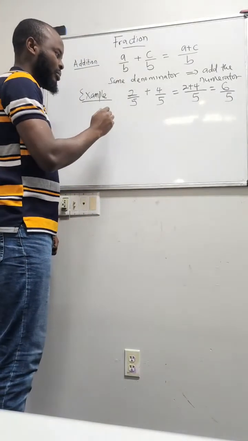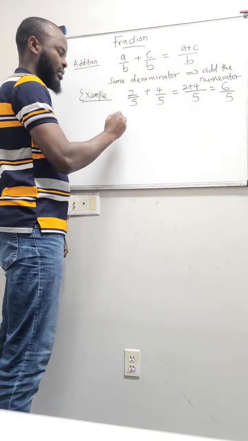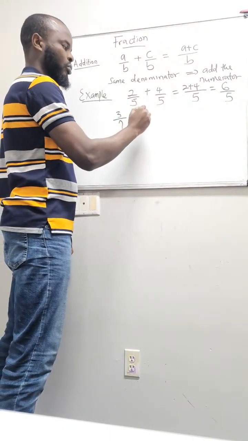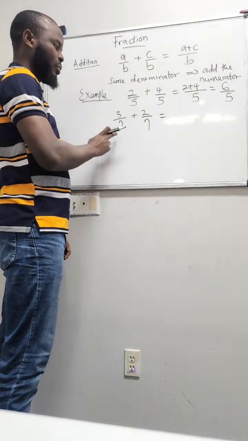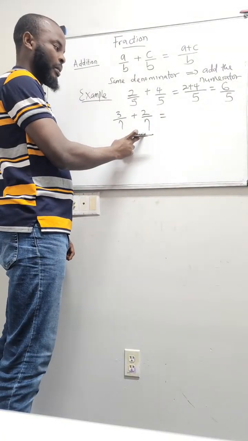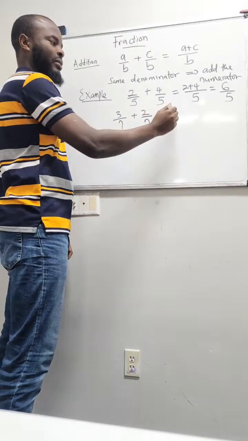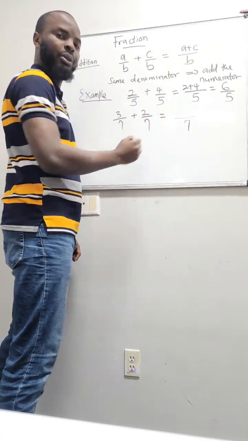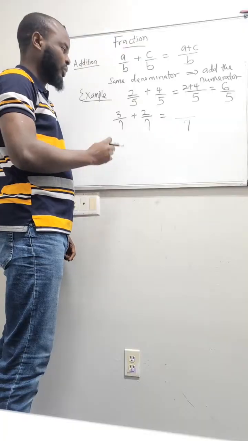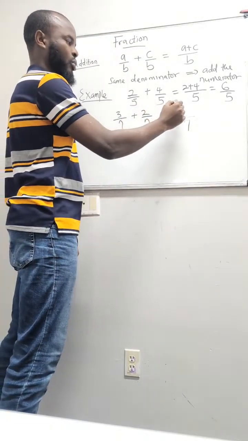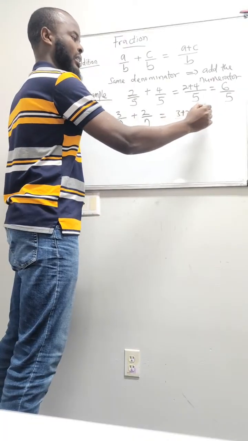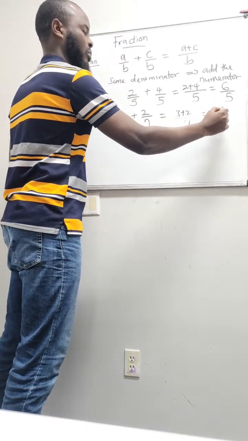In another example, you can have 3 over 7 plus 2 over 7. In this case, we have the same denominator, 7 and 7. Just repeat it, and the numerators can be added together, which is 3 plus 2. And this is 5 over 7.